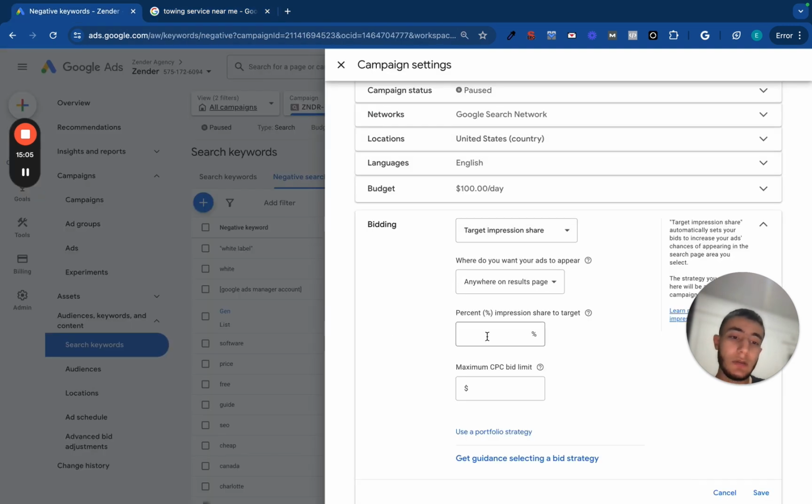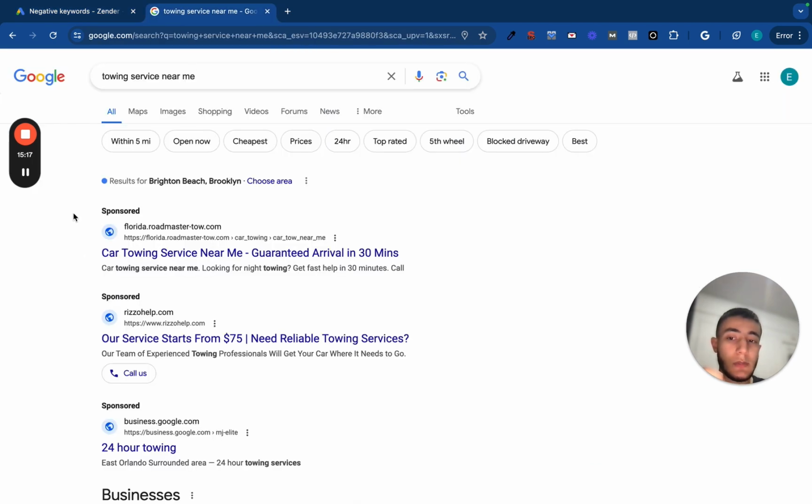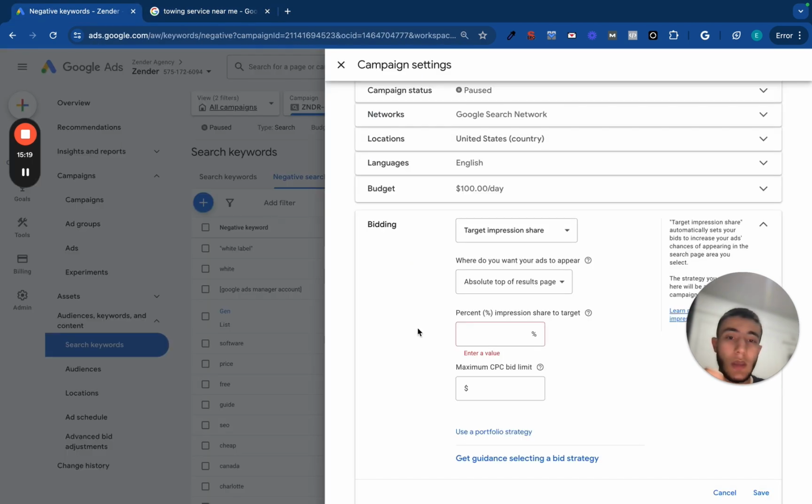So basically you can set the percentage of times it should go over your placement. For example, if you put absolute top of result page, it means to be absolute first in the Google Ads. And if you want to put 90% of the time, you can also set a limit, for example $20.